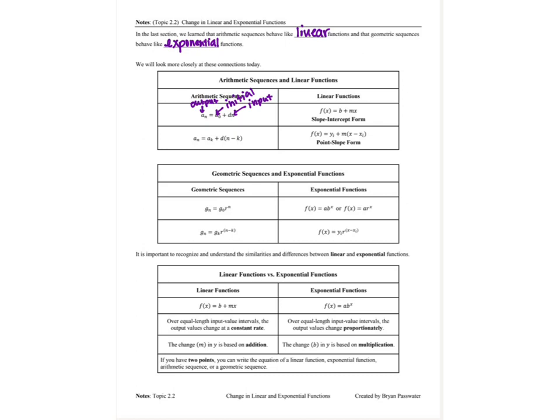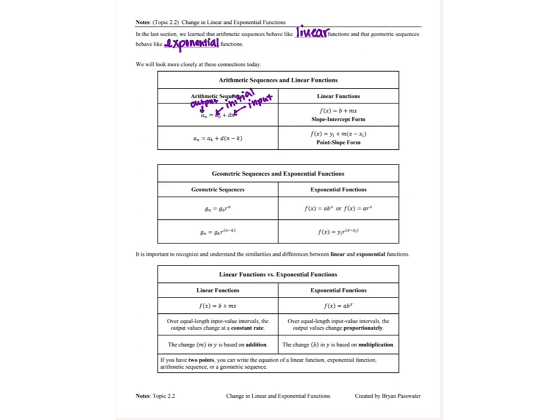So when we're talking about a sequence of numbers, we're talking about a bunch of numbers in a row, in order. N is the position of the number. So if it's the third number in the sequence, N would be 3. So the output's going to be what number you get after that. A sub 0 is the first number. It's the initial value.